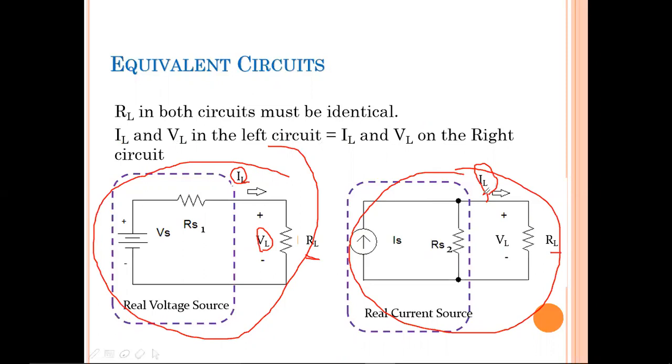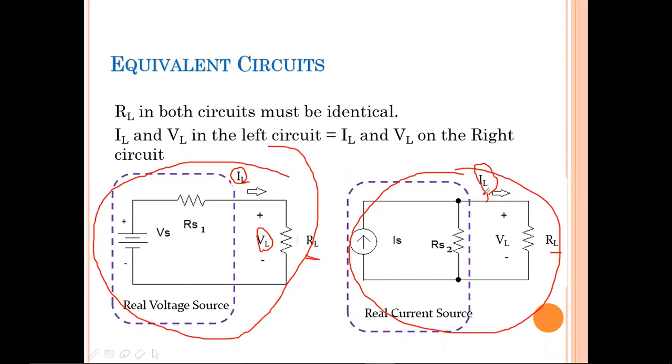I will repeat: the current and voltage, that is the power, across the output terminals will not be affected whether you convert a voltage source to a current source or a current source to a voltage source. This point is very important: this technique is only for simplifying circuits, not for changing the real structure of the circuit.